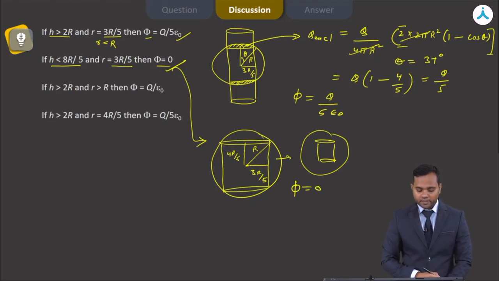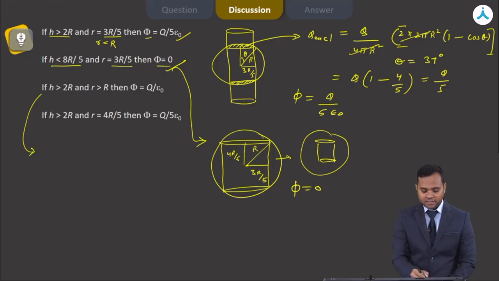Now if you read the third option, it says that if h is greater than 2R, r is greater than R, then phi is equal to q by epsilon naught. So this is very easy to visualize.